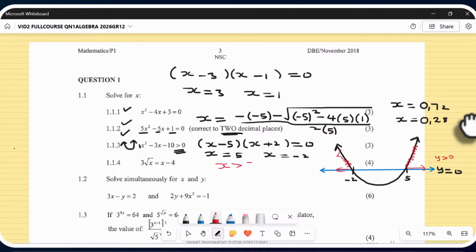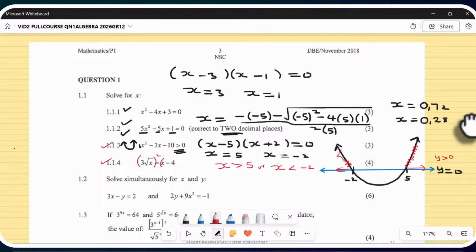Next question. This one is for the surds, okay. Now here, luckily enough, the root of the equation, so we said you can go ahead and square both sides. Square both sides, okay. Now if you square here, you're going to get 9.